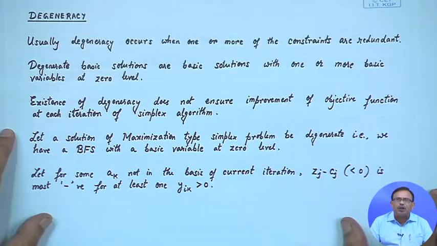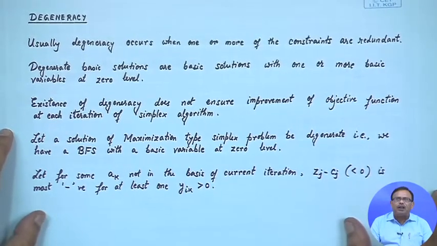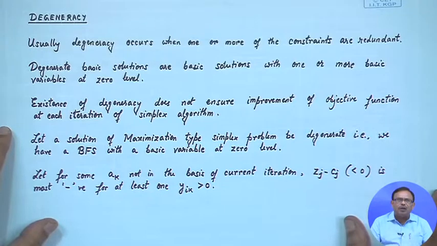Degenerate basic solutions are basic solutions with one or more basic variables at 0 level. So, if I have redundant constraints, in that case the basic solution which you will obtain, you will find that the value of one or more basic variables is equal to 0.